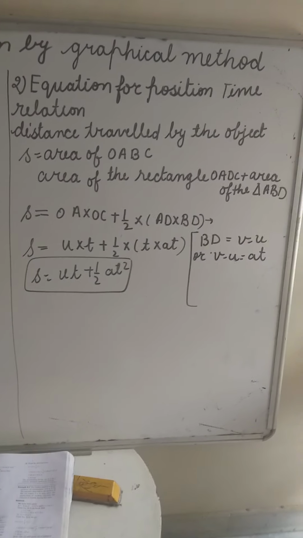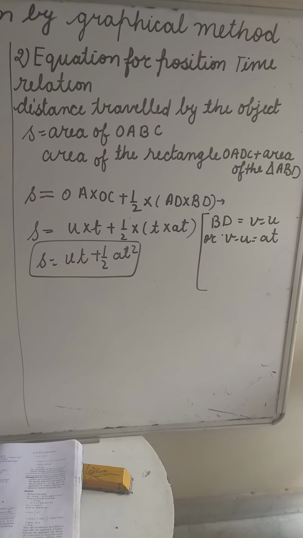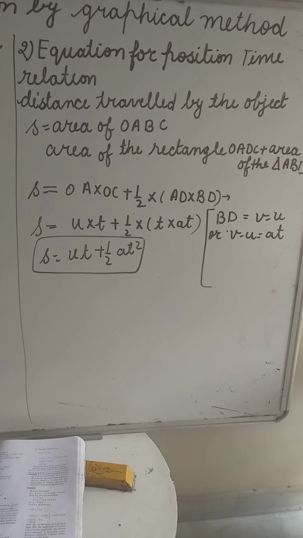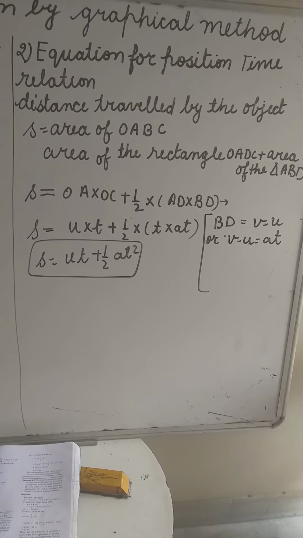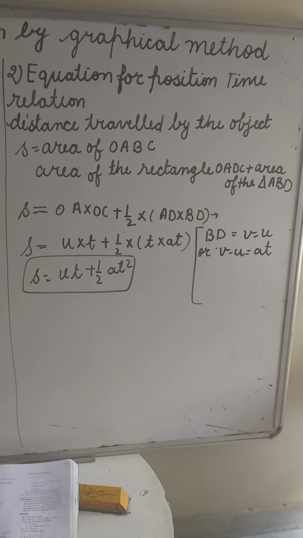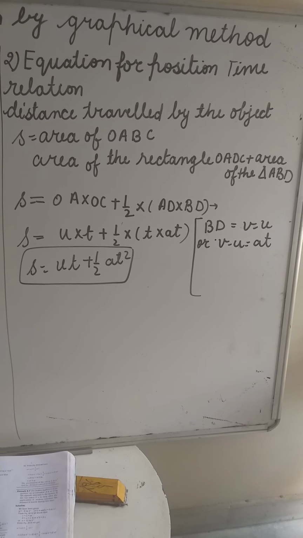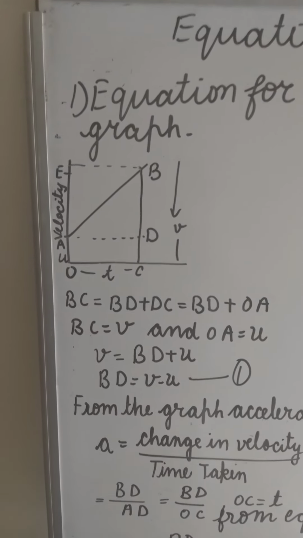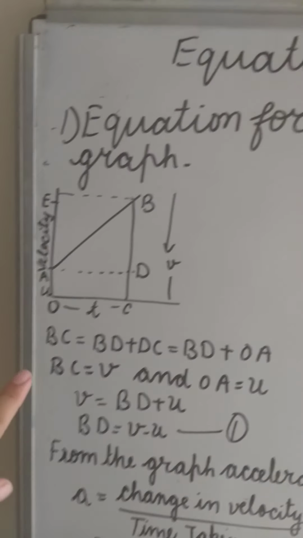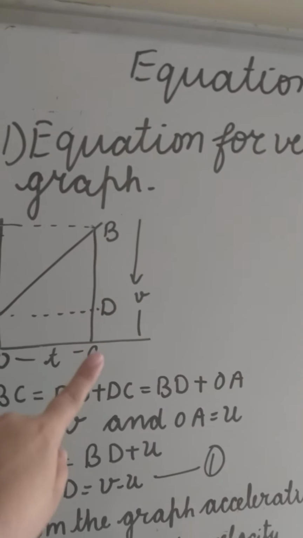You can see the distance travelled by the object, S, is equal to the area OABC. An object travelled distance OABC. So this is the distance travelled by the object, OABC.